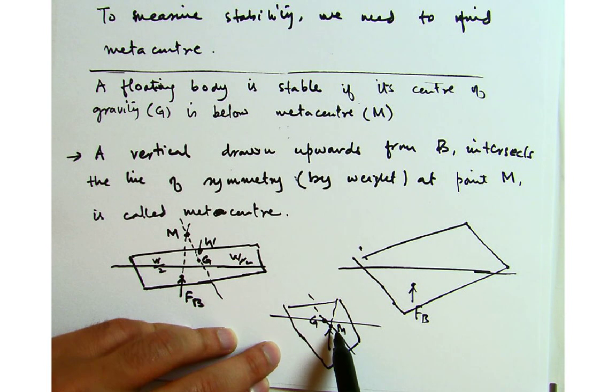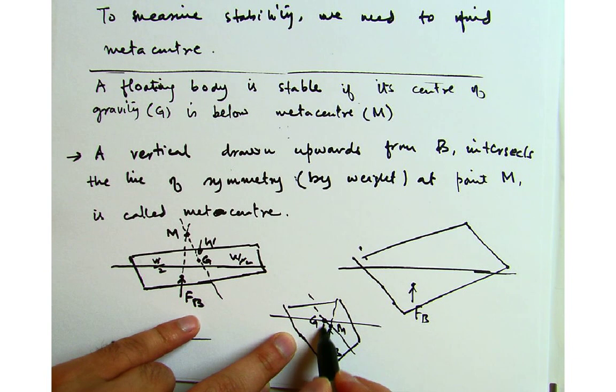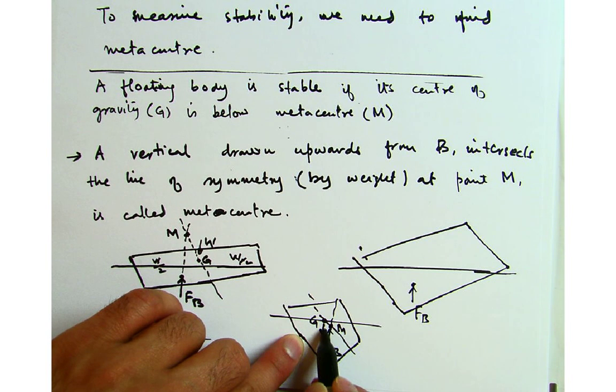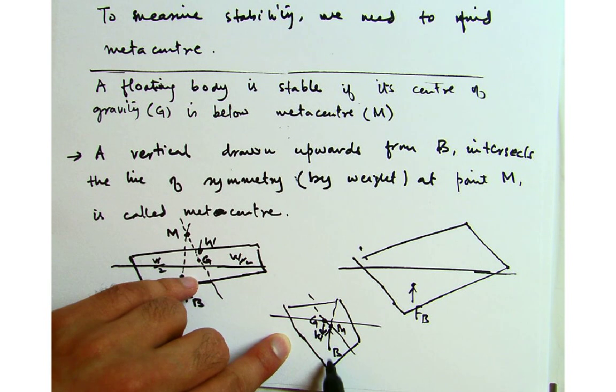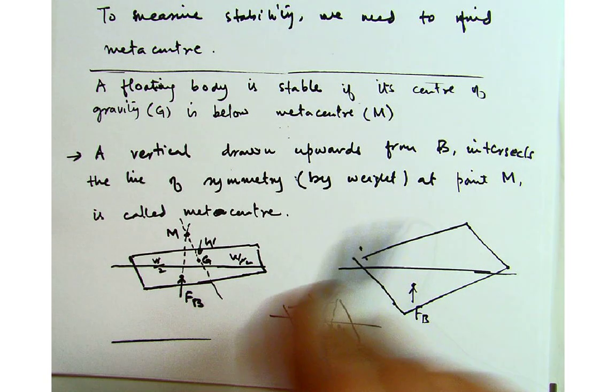Now the metacenter is below the center of gravity. This is your point M, this is your point G where the weight is acting, so this will try to create a turning couple in this direction and rotate it.